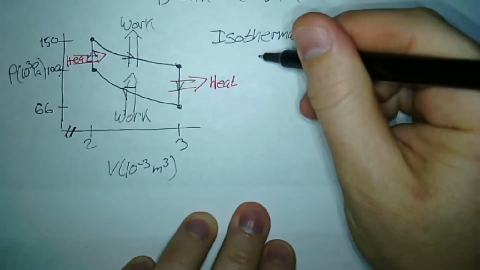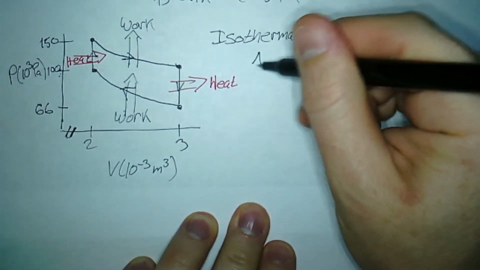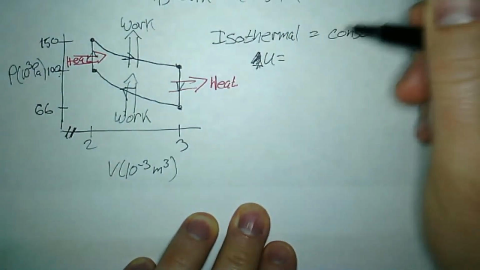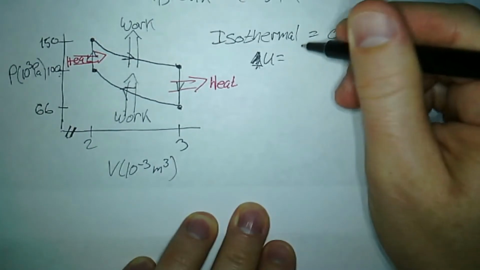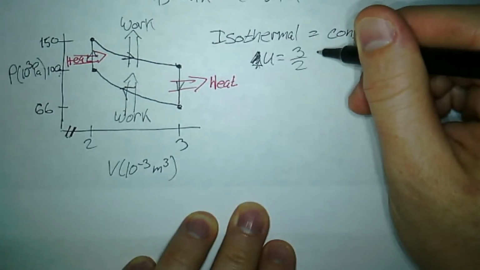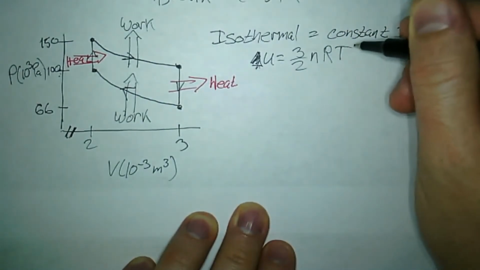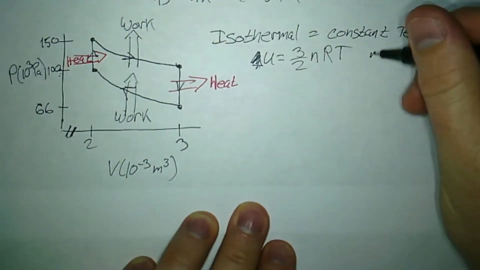For an isothermal curve, the internal energy of a system, I know it's going to depend on... nope, not the change. It's going to be some constant, we'll say monatomic, so we'll say 3/2 nRT for monatomic.